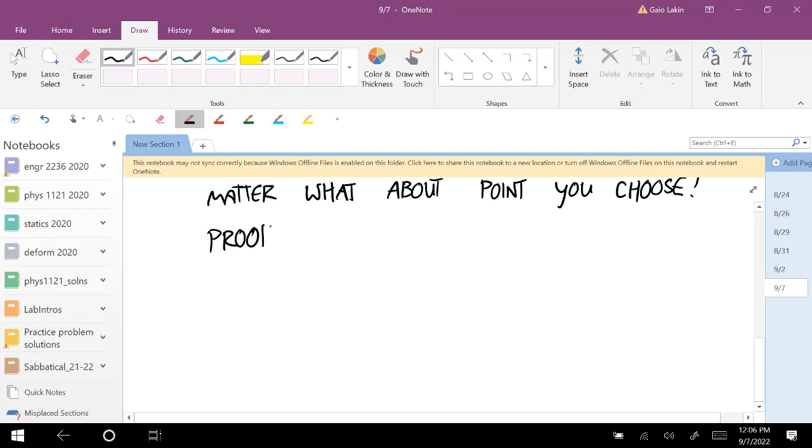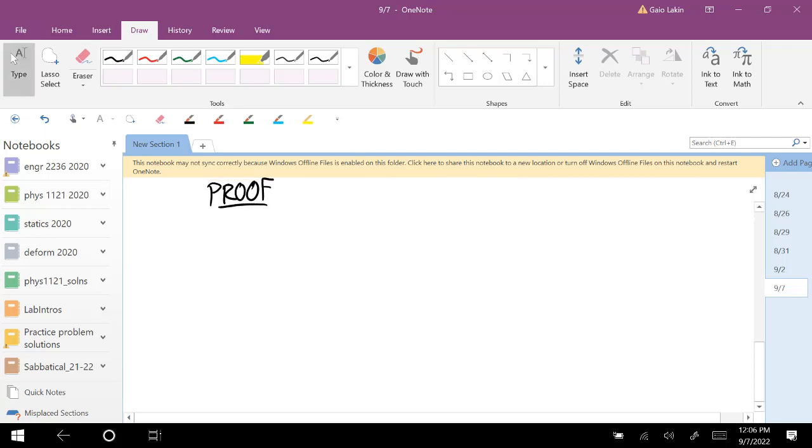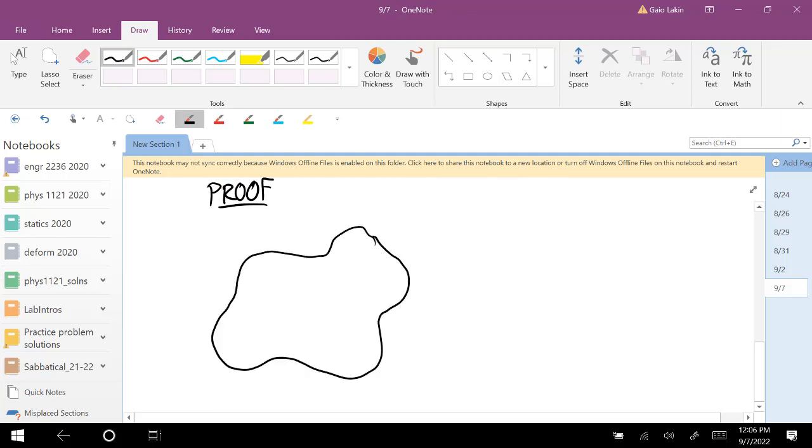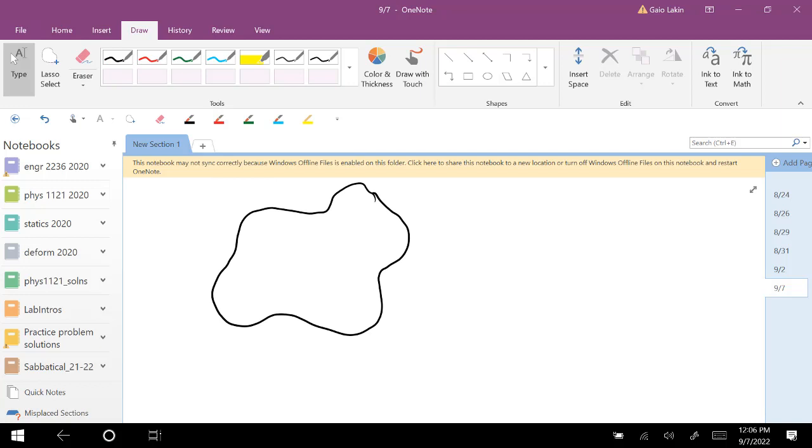Okay, so here's what we're talking about. So let's say we have this arbitrary body, and let's say we have a point 1. So P1 there, and a second point, P2, okay?